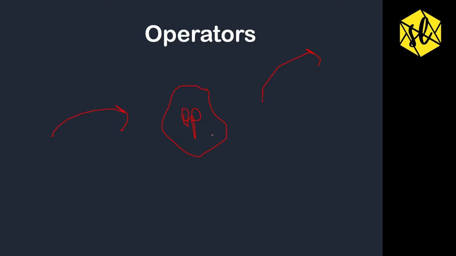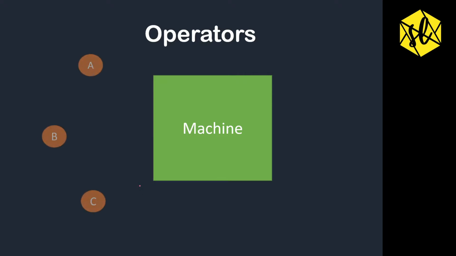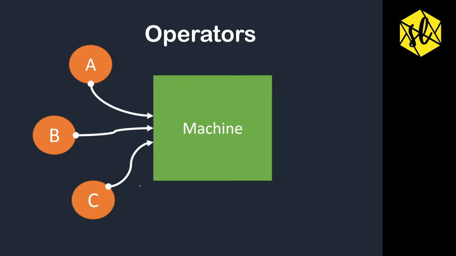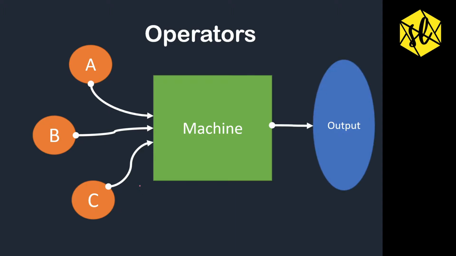Now let's visualize it. We have a machine, we give certain inputs to the machine, and then we get some output. This is what an operator means.